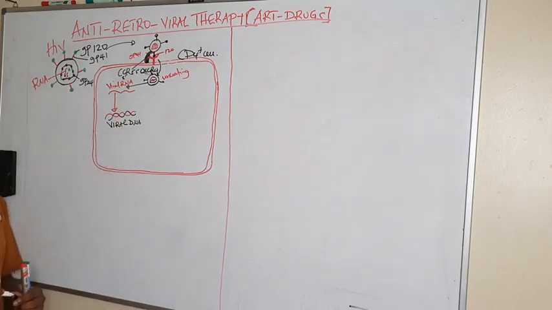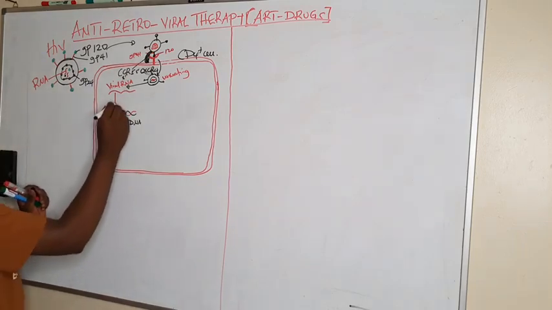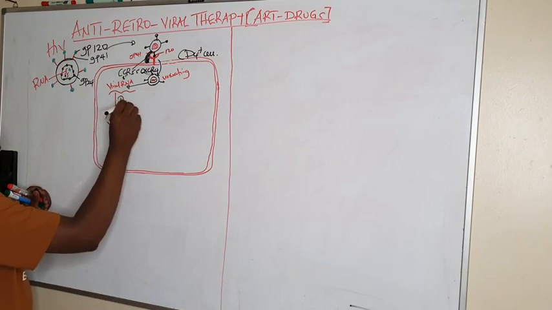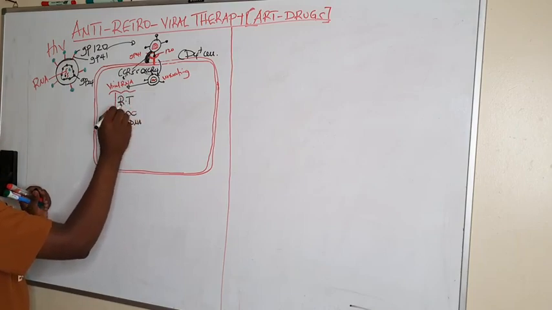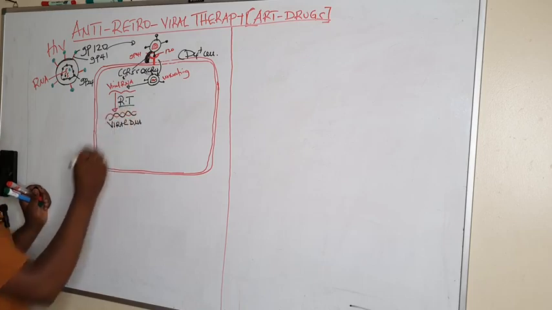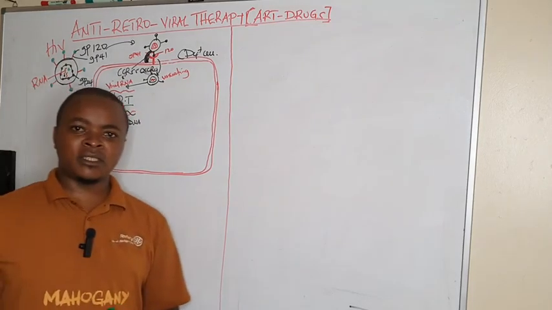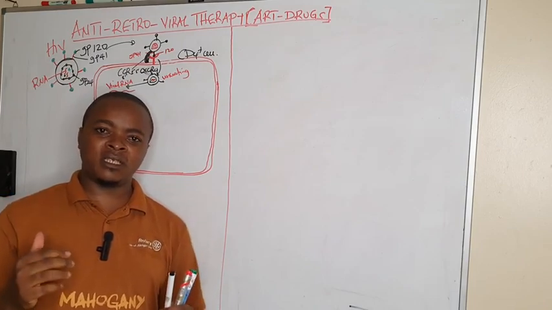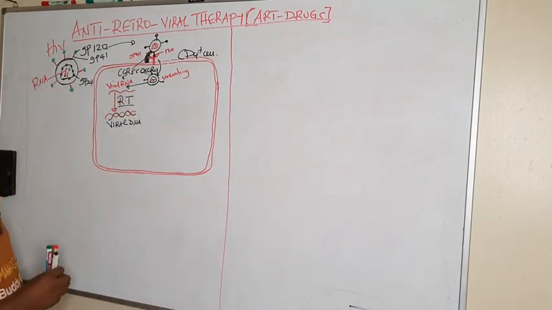And the enzyme responsible for this is known as reverse transcriptase enzyme. So in the presence of reverse transcriptase enzyme, it is able to convert the viral RNA into double-stranded DNA.